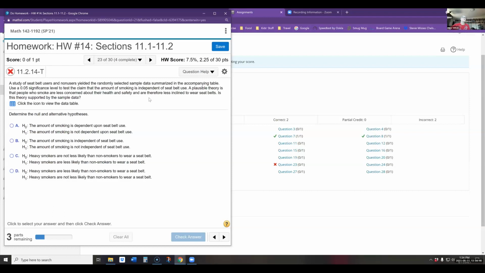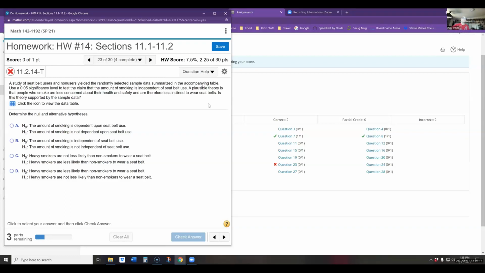Is this theory supported by the sample data? The theory would show a discrepancy and we could see which was bigger, but we're going to set up our contingency table hypothesis test on just whether there's some dependency between smoking and seat belt use. And then we could look and see if the smokers wear it less or not in further support of that theory.